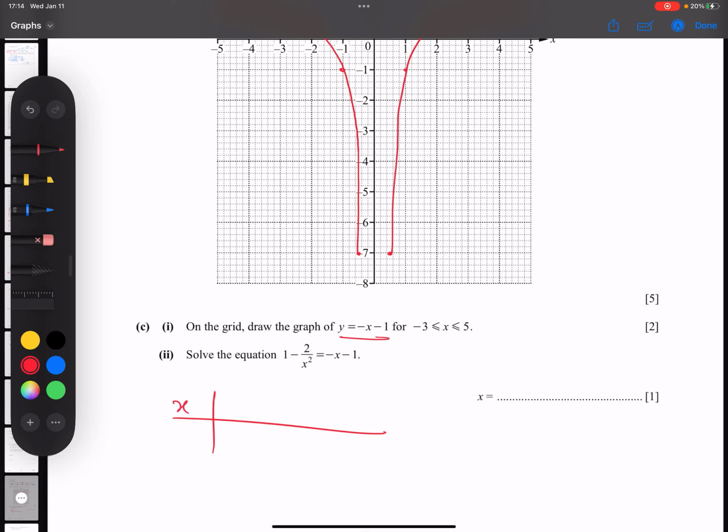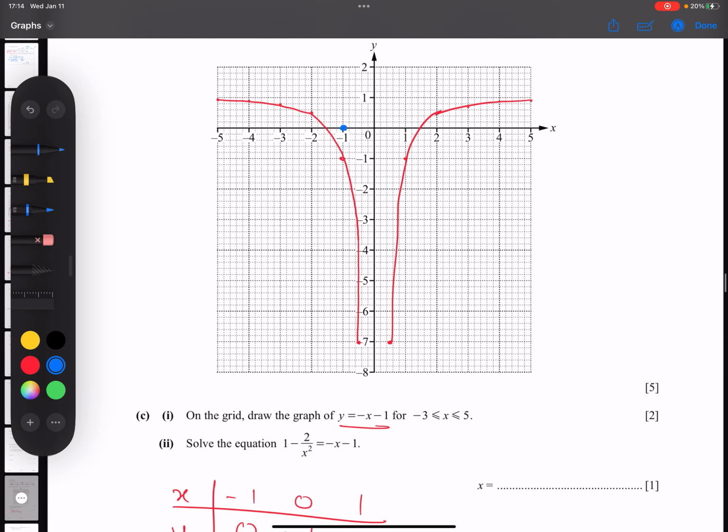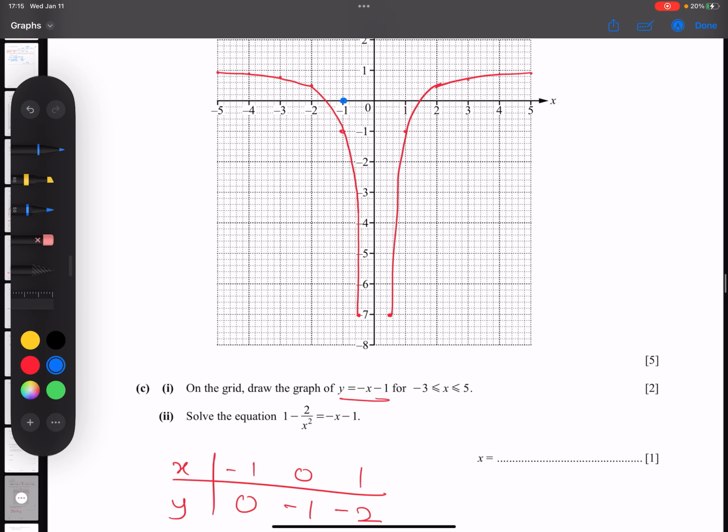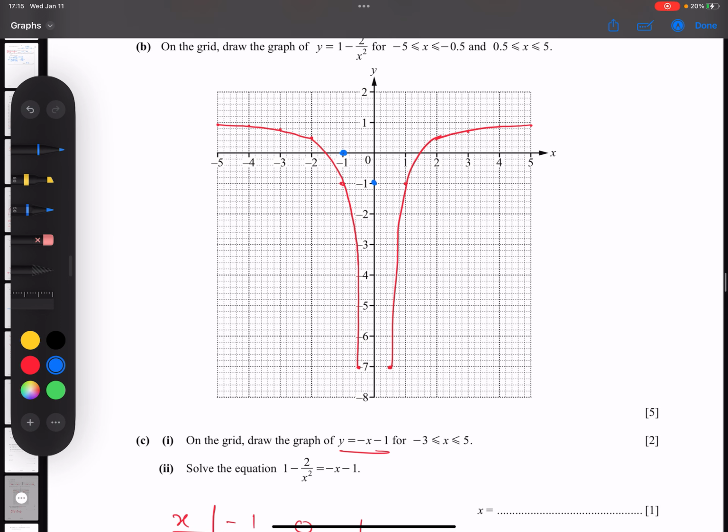I'm going to take 3 values: -1, 0, and 1. Y is 0, -1, and when x is 1, y is -2. So plot -1 with 0, 0 with -1, and finally 1 with -2 is here.